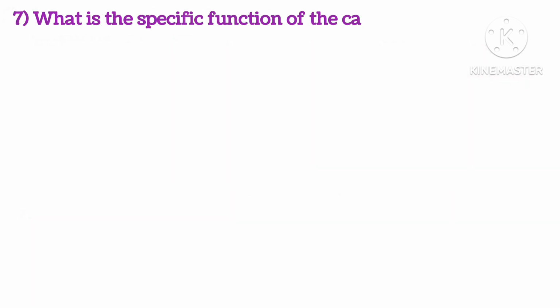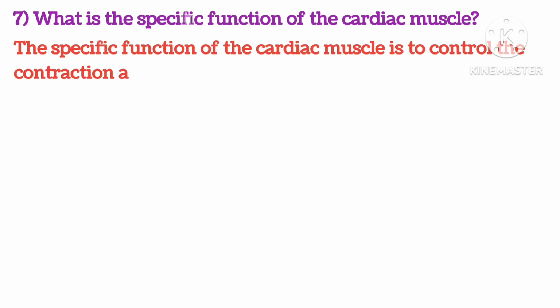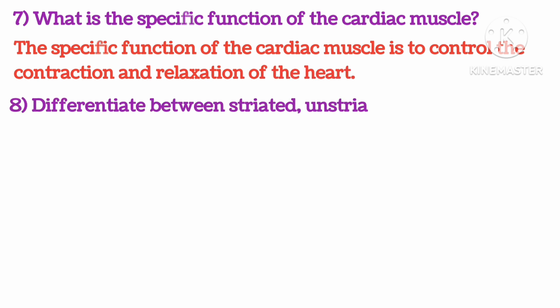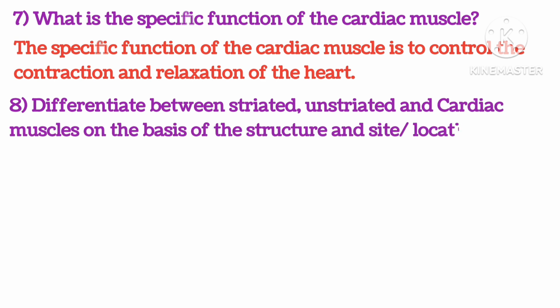What is the specific function of the cardiac muscle? The specific function of the cardiac muscle is to control the contraction and relaxation of the heart. Differentiate between striated, unstriated and cardiac muscles on the basis of structure and the site or location in the body.